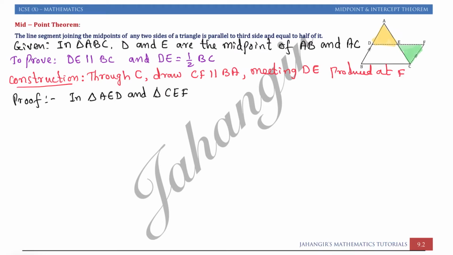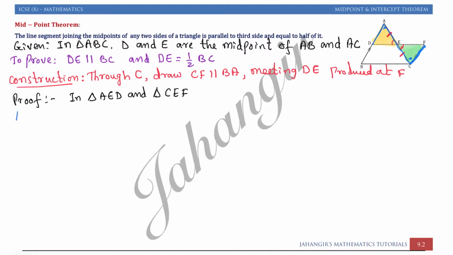So first what do we have? We have AE is equal to EC, because E is already given as the midpoint. We can write this angle and this angle are vertically opposite angles, and angle A is equal to angle C, alternate angles. See, it forms a Z shape. I am just drawing it with a blue line. We can see this is just an alternate angle.